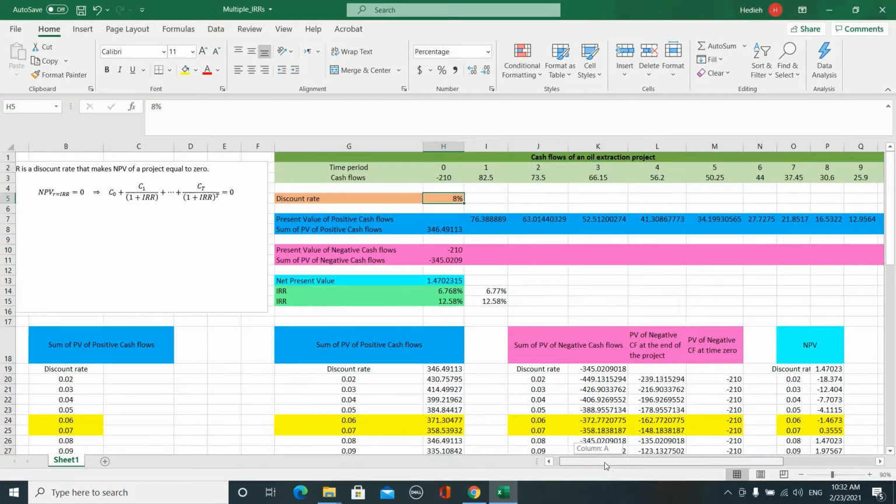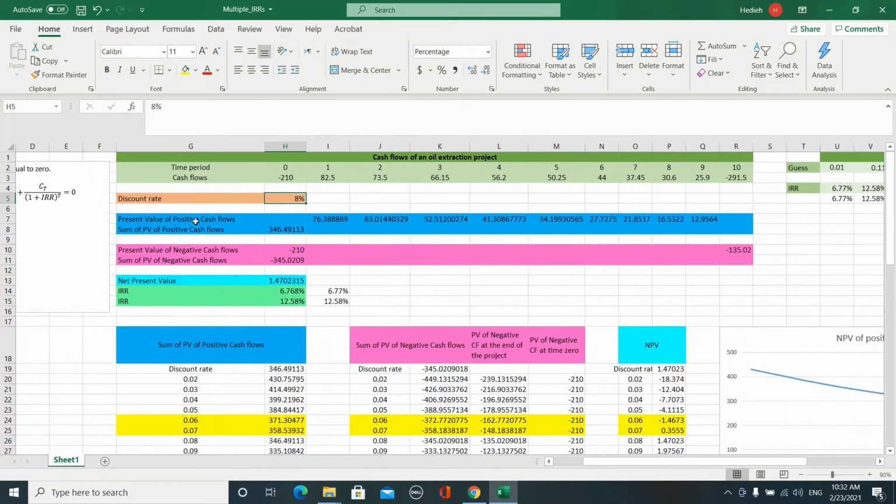So I calculate present value of positive cash flows separately, I add them together, and then I calculate present value of negative cash flows and I add them together. By adding present value of positive cash flows to present value of negative cash flows, I find my NPV, or net present value. So let's do this.